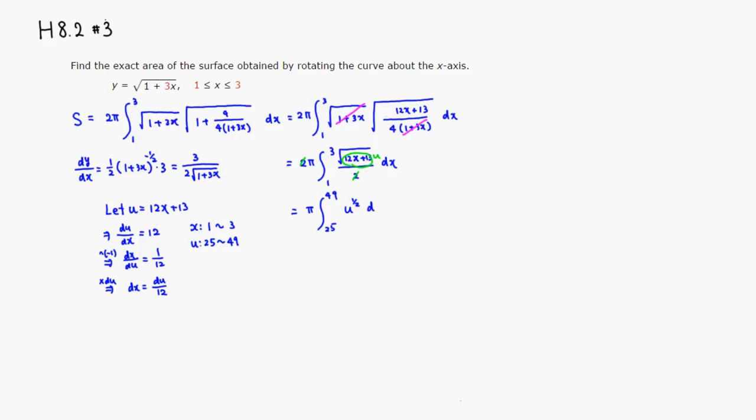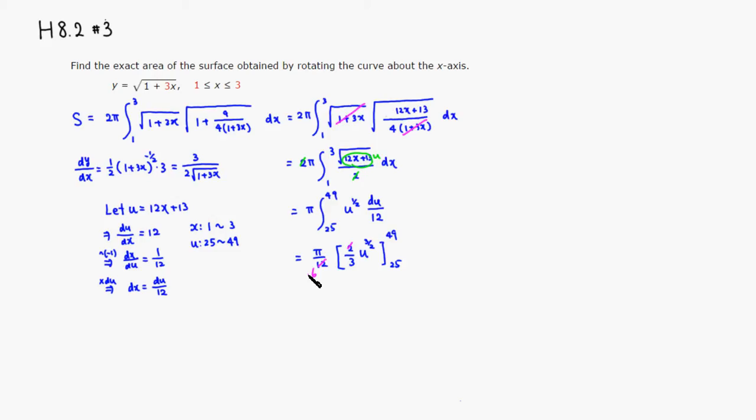Instead of with respect to x, it's du over 12. So let's put the pi over 12 outside. Find the antiderivative of u to the 1/2 power: add 1 to the power, divide by 3/2, which is multiplying by 2/3. Then you're going from 25 to 49. So we can cancel the 2 and the 12.